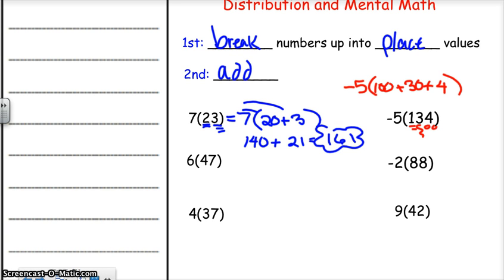Now I can go negative 5 times 100 is negative 500. Plus negative 5 times 30 would be negative, what? Negative 150. Plus negative 5 times 4 is a negative 20. They are all negative, so I can add them. 500 plus 150 is 650, 650 plus 20 would be 670, and just make it negative.